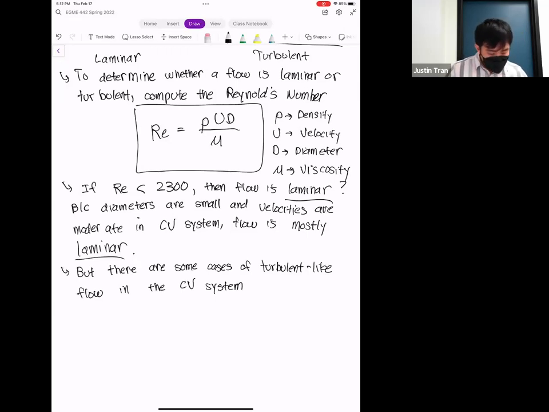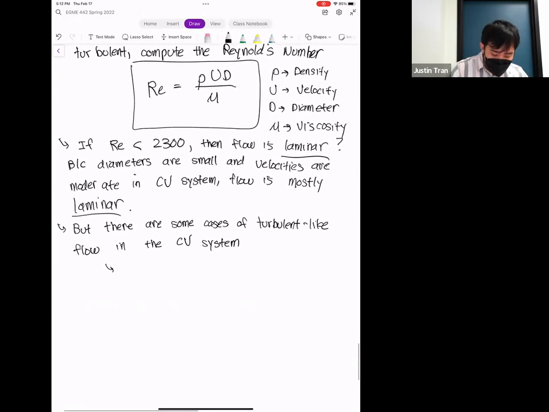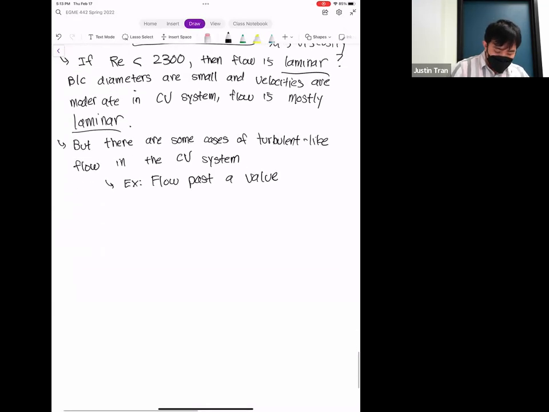Okay. And so one example of this would be flow past a valve. Right. And so if I can draw a vessel like this, remember the way that valves work in the cardiovascular system.